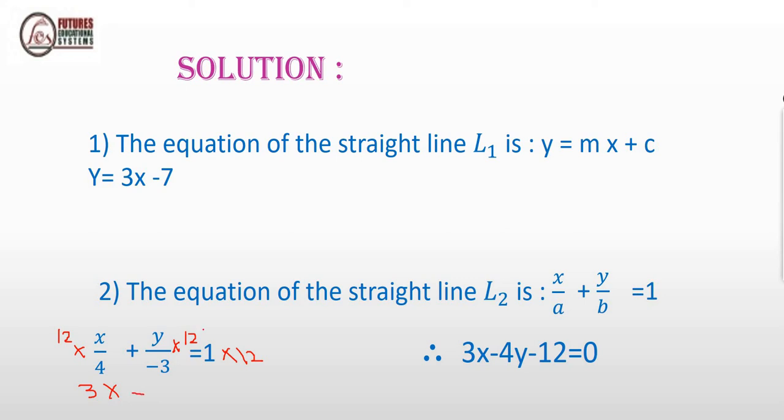Minus, cancelling 12 by 3 equals 4, and 1 times 12 equals 12. Moving to the left-hand side with opposite sign, negative 12 equals 0. We get this equation by being given the intercepted part of the y-axis and the intercepted part of the x-axis.